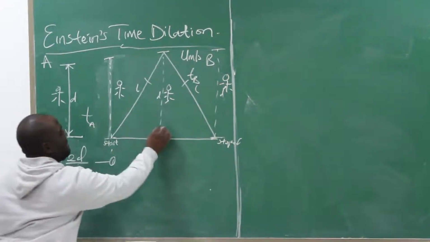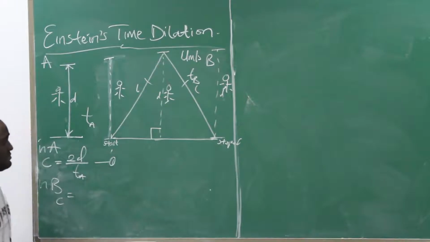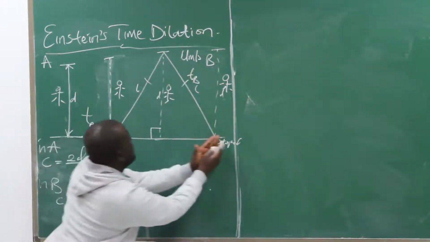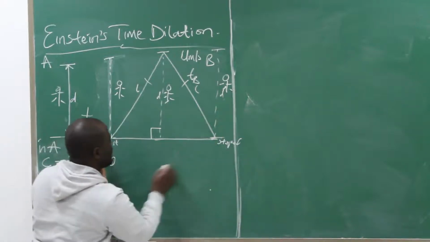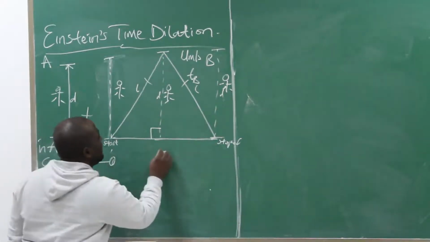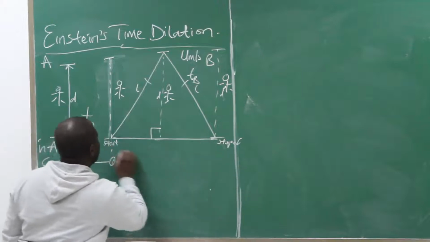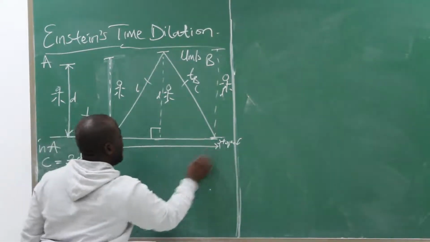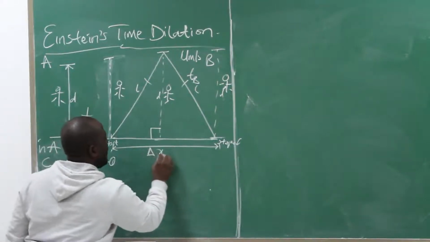If you notice here, we have a right angle triangle. And the car, moving at u meters per second, has moved from here to this place. It's covered a physical distance. We don't know the distance, so let's call this whole distance delta x.